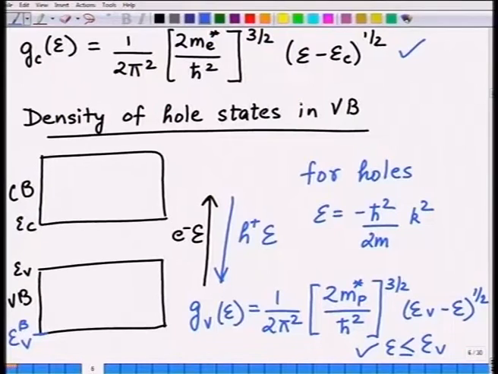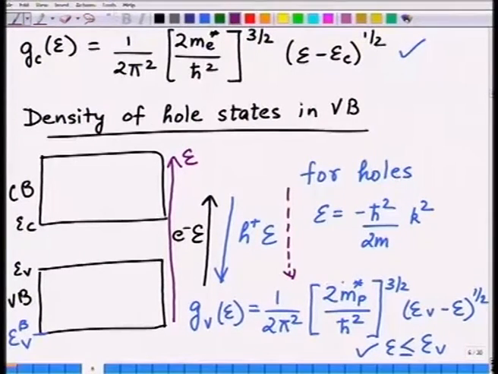The density of states will continue to increase. So if E is decreasing on this scale, as we go down in energy, that means as E becomes lower and lower, our density of states should be increasing.